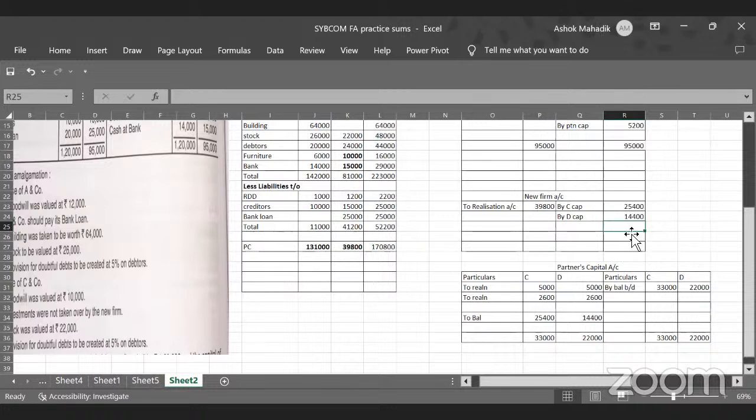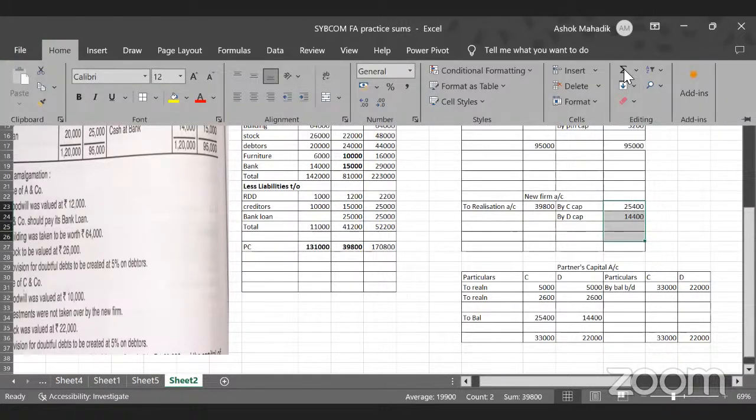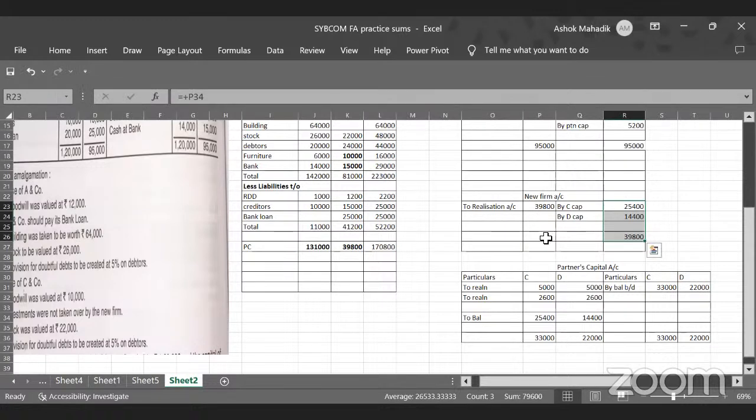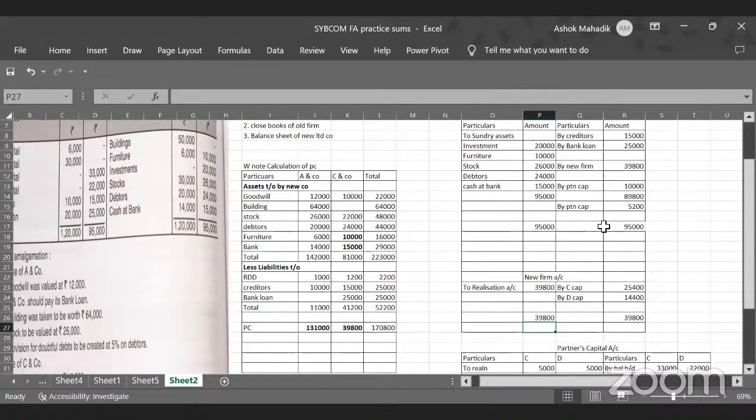Yeah, now it is tallying. Okay, students. I think even in the earlier books of A and Company, we must have made some mistake in posting the items. I will have a look again at that. 39,800. Okay, so this one tallied.